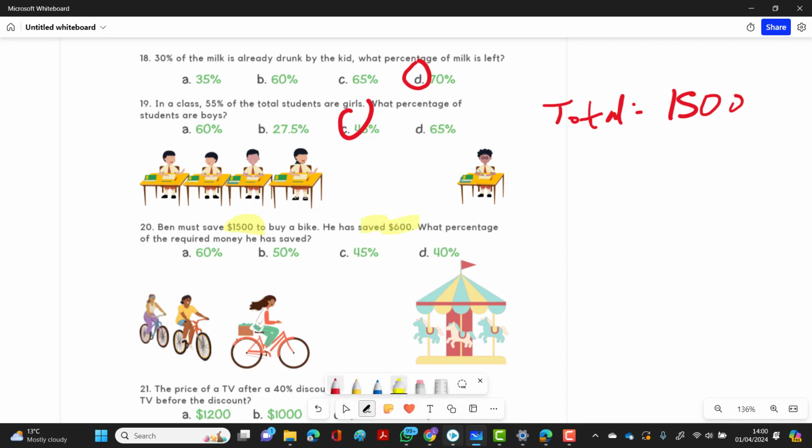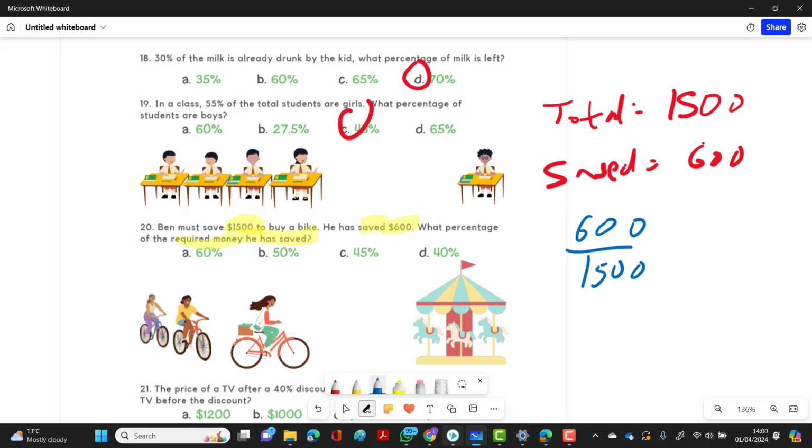So saved 600. And it asks what percentage of the required money has he saved? So it'd be 600 over 1,500, and then you times it by 100.